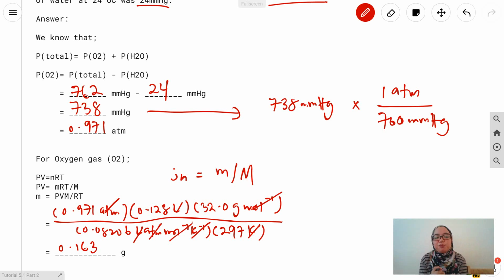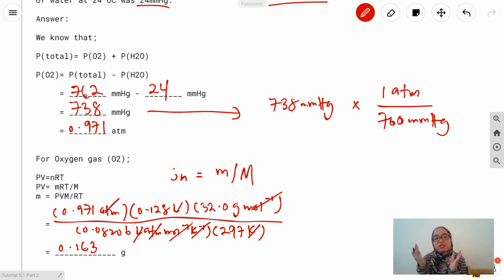You need to find the partial pressure first, because it gives you the total pressure and the partial pressure of water, so that must mean something. You need to find the partial pressure of oxygen.